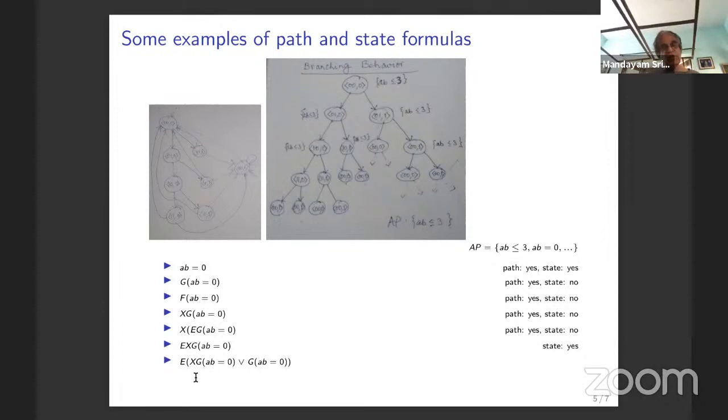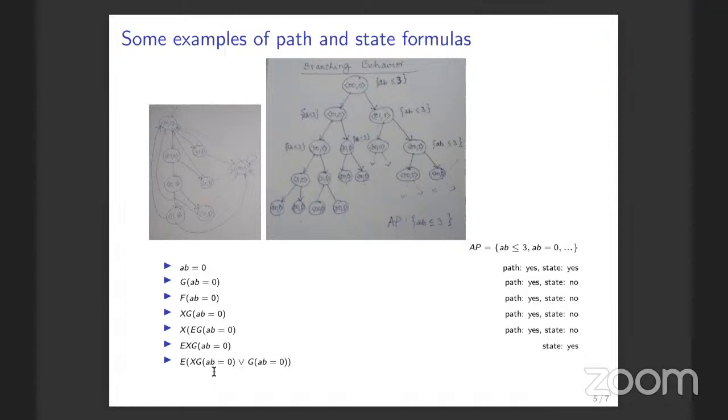Okay, how about this one? Amit, this is also a state formula, right? Yeah, I think so, because it is E of something, but I'm not sure whether the thing inside is.